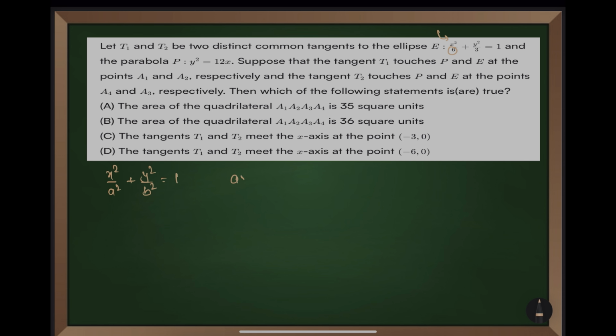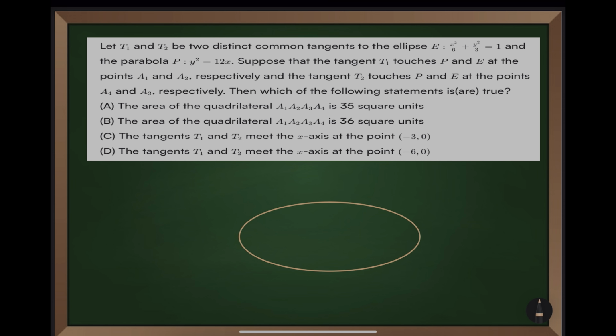If a is greater than b, then you will have a horizontal ellipse. If a is smaller than b, we will have a vertical ellipse. Here, this thing is talking about a horizontal ellipse, so I'll draw that horizontal ellipse for reference.